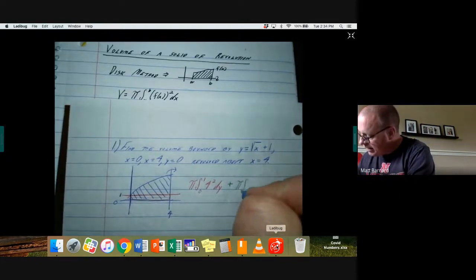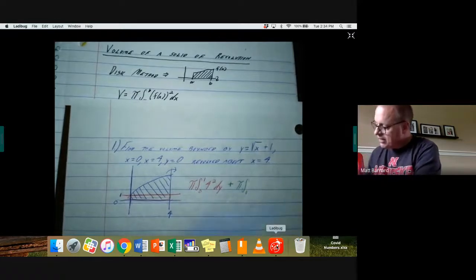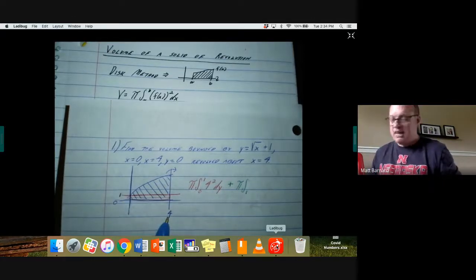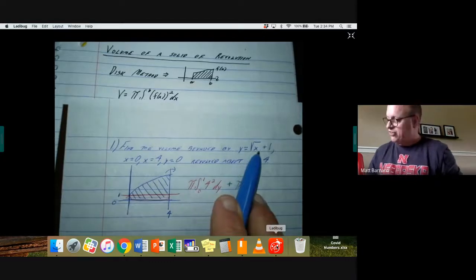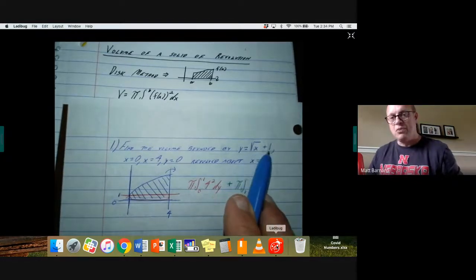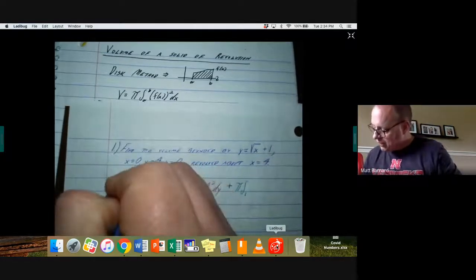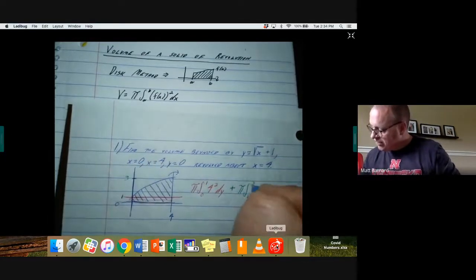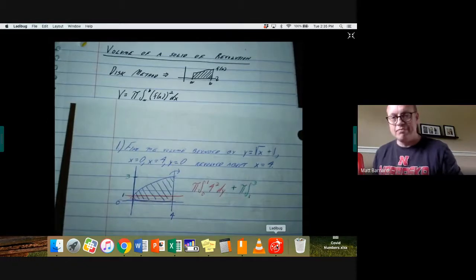From 1 to something, but I have to figure out what this is up here. Well, if I put 4 into the function, the square root of 4 is 2. 2 plus 1 is 3. So I'm sitting right up here at 3. Therefore, that is my other boundary.